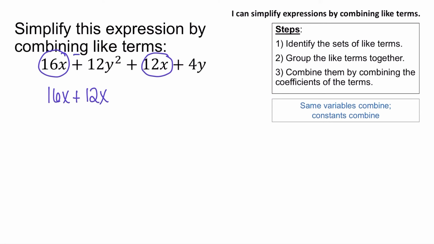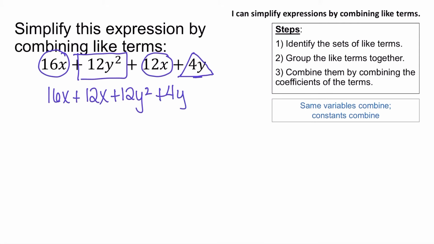Now I have my 12y squared, and I'm going to look for any other y squared terms. So here's where you have to be careful. This 4y has a y in it, but it's not a y squared. So we can only leave that 12y squared by itself. Same thing with 4y, there's no other y terms, so we have to just leave 4y by itself.